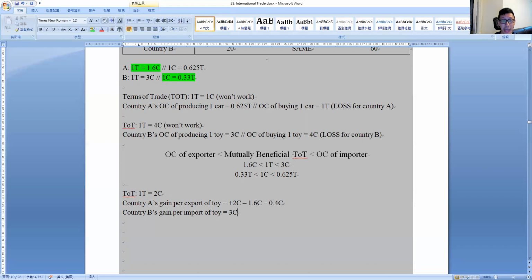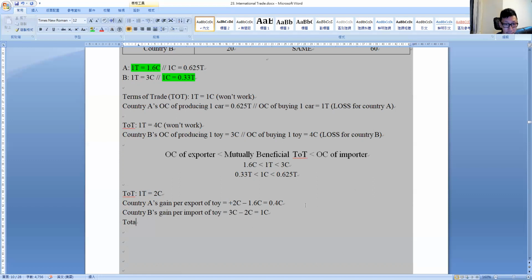But actually, because of trade, you are only paying 2 cars. You just buy it, you don't need to make it yourself, so it's as if you earn back 3 cars. Therefore, by importing toy under this terms of trade, country B actually gained 1 car. Okay? So, what would be the total gain?